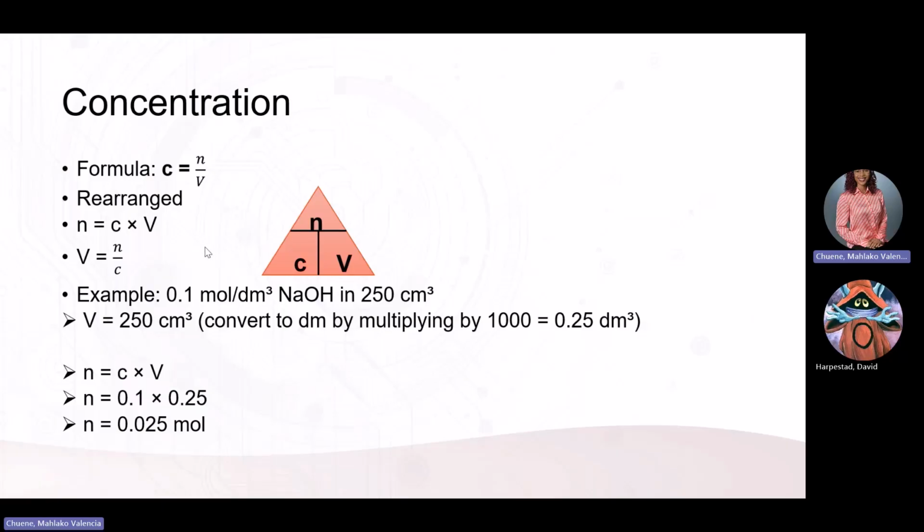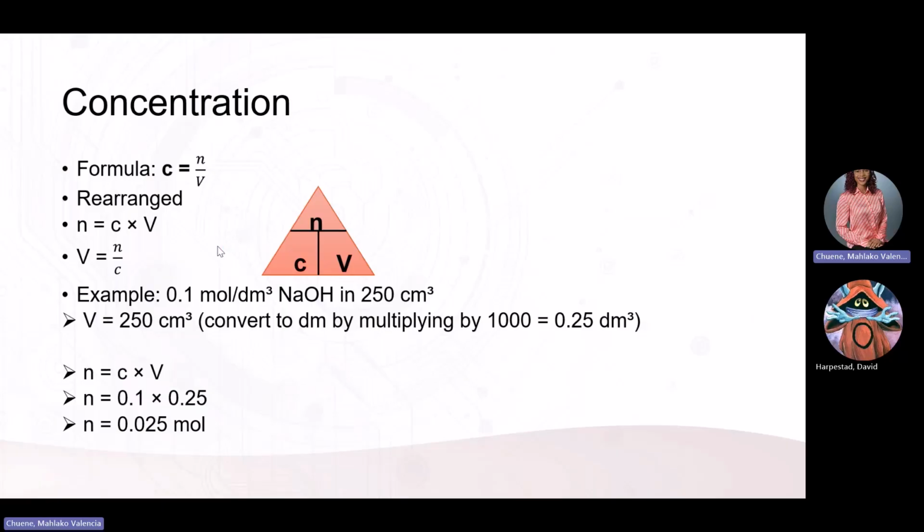When you hide the concentration, that is the one that you're looking for, you can see that this is over this. And say for instance you're looking for number of moles. When you hide the number of moles, you get your concentration times volume. So this line in between stands for multiplication, and the one that looks like a division is in fact division. So now we have our number of moles, but it doesn't stop there.